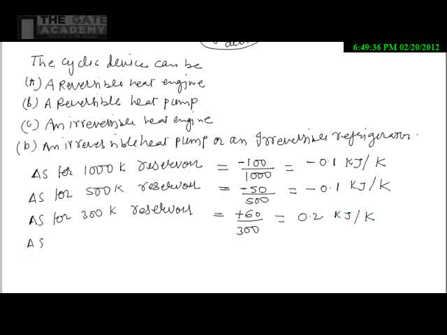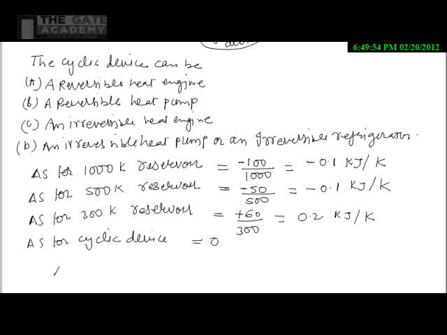And del S for the cyclic device, it will be 0, because for a complete cycle entropy change will be 0, because entropy is a property and the cyclic integration of any property will be 0.